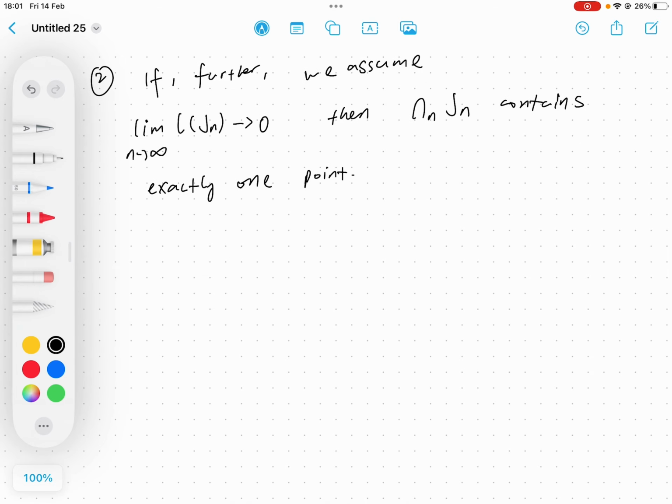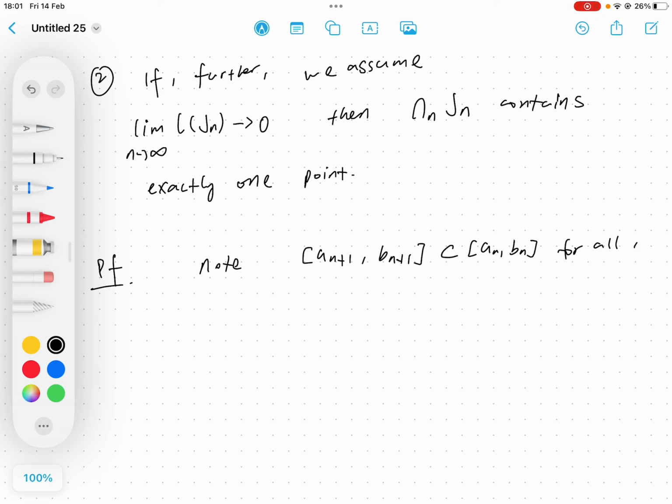So let's try to prove it. We just combine those together. First we notice, from the assumption, that An plus 1, Bn plus 1 is a subset of An, Bn for all n, as we mentioned as the starting point of this argument.